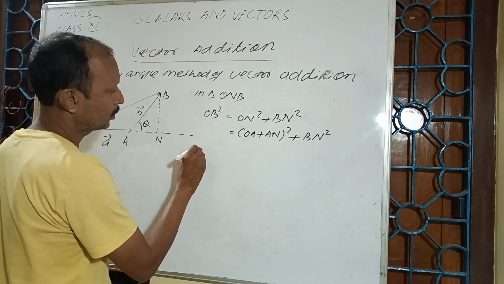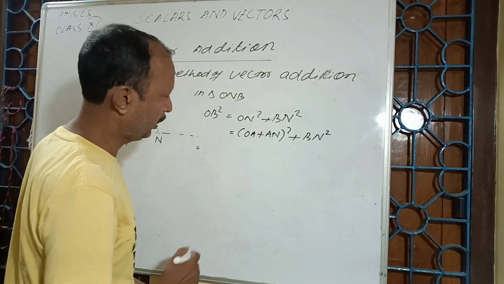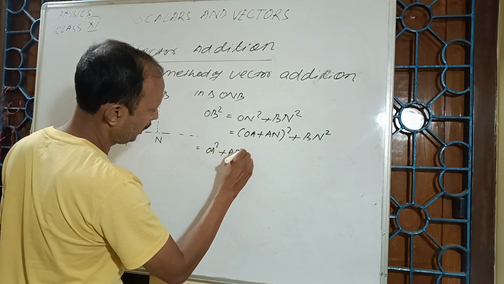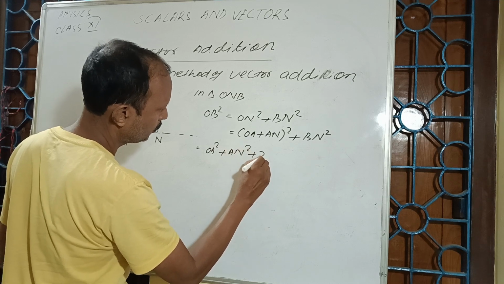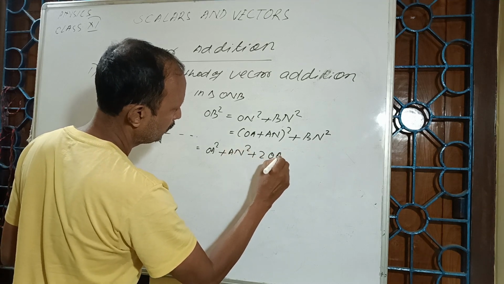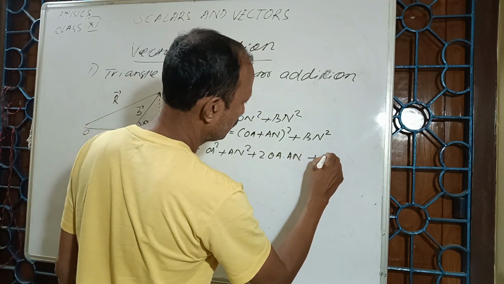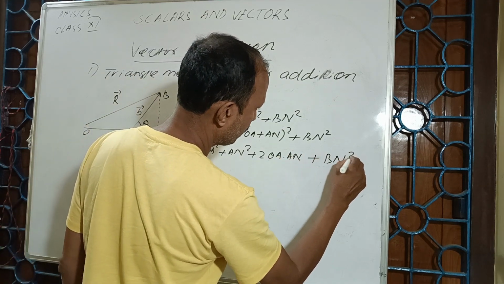This is equal to A plus B whole square. So OA square plus AN square plus 2OA into AN plus BN square.